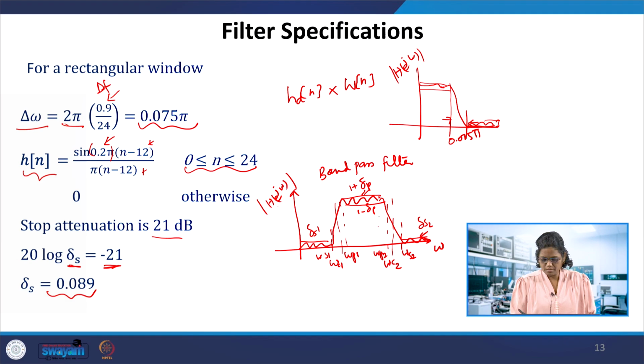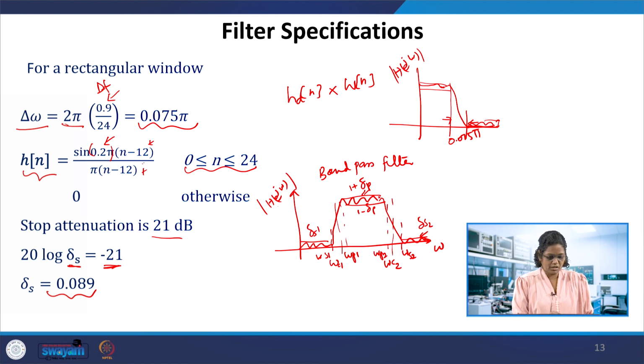So, low pass and band pass filters, and you can have the high pass as well. In the high pass filter, you can have the pass band ripple as well as the stop band ripple over here. In case of high pass, it can be designed also. So with the given specification, get hd of n, choose the window function, and then multiply them.